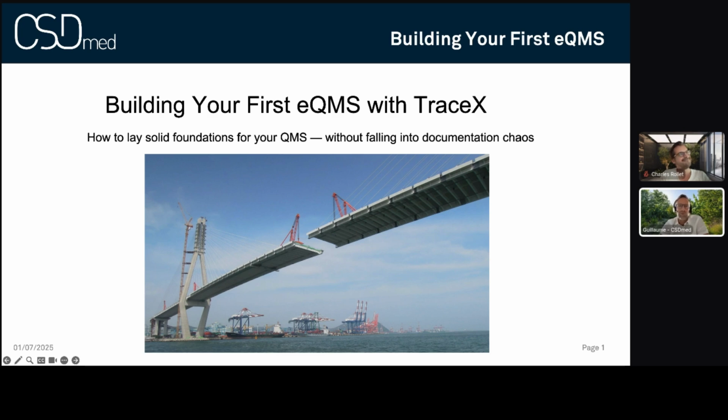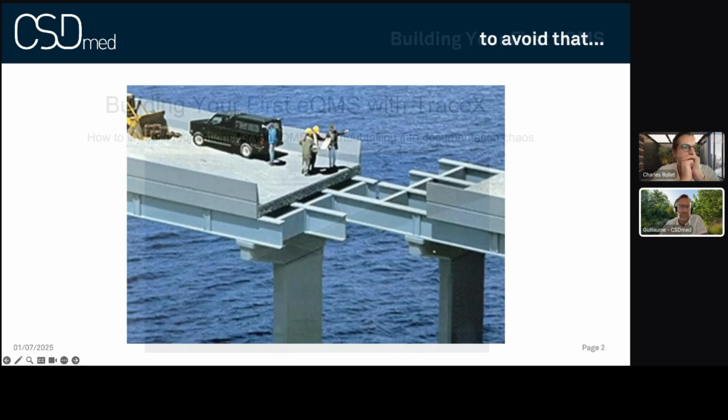So in a way, your QMS is a bridge. That's a picture. It connects your team members, the documents, the procedures, and all the moving parts that keep you compliant and efficient, right? And what happens when the bridge doesn't connect properly?